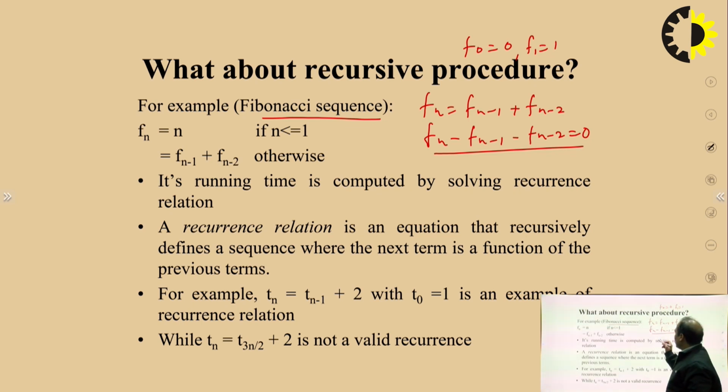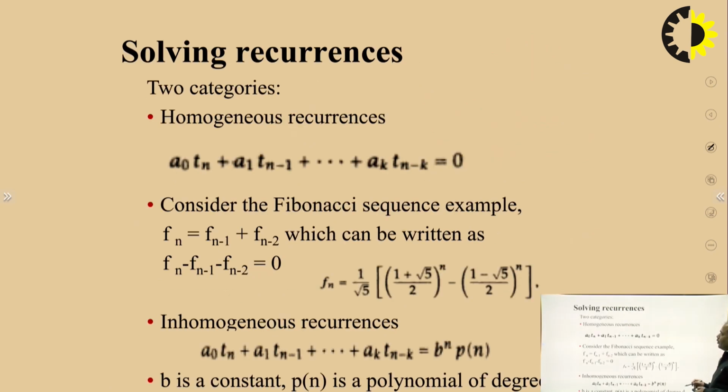This form is not very convenient because if you want F10, you have to compute all the previous values. The objective of solving recurrence relations is that F10 can be expressed directly in terms of n, so that if you just put n equal to 10, you get the answer directly. So this is also a recurrence relation.